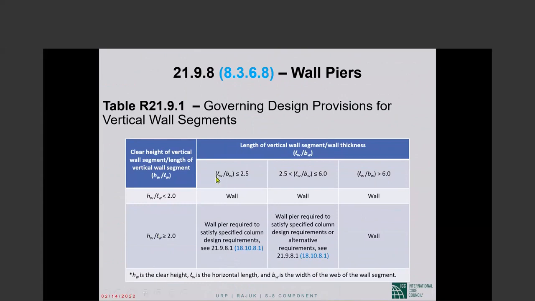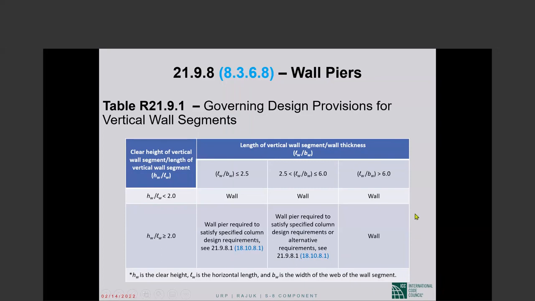If the length to thickness ratio of the wall segment is less than or equal to 2.5, then it is a column, and you must reinforce it as a column. This is very, very important. If the ratio of the wall segment is below or even equal to 2.5, you are looking at a column, and you must reinforce the segment as a column, not as a wall.